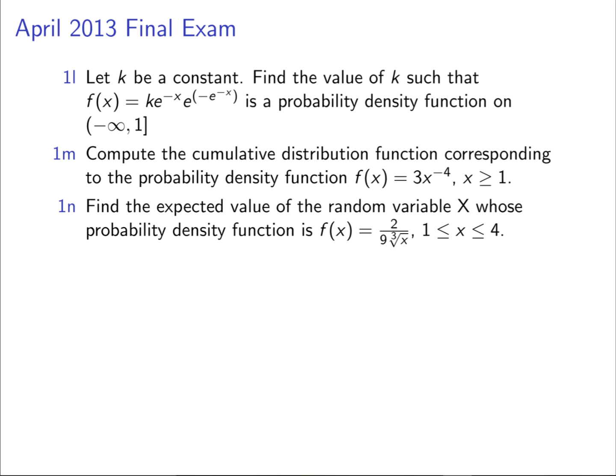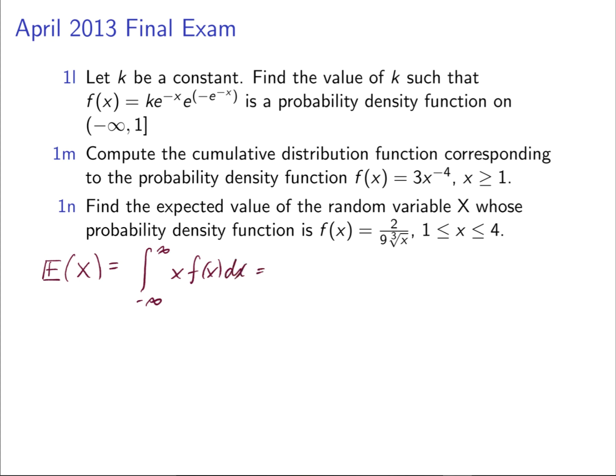Now we're asked to find the expected value of yet a third continuous random variable. We're given the probability density function, so all we need to do is use the definition of expectation. Again, this isn't nice and symmetric, so there's no nice trick like it's definitely going to be equal to 0. The expected value is the area under the curve of x times the probability density function.